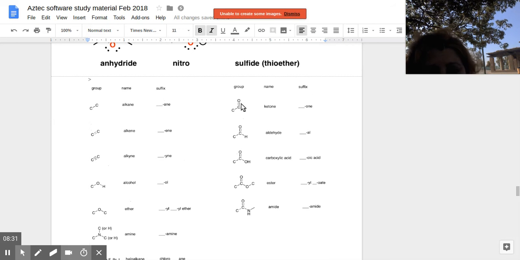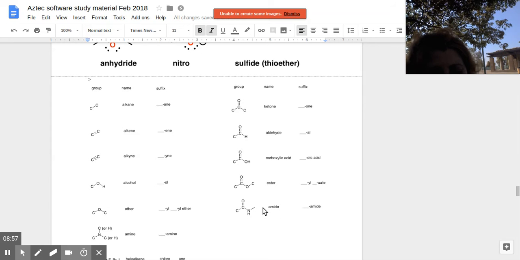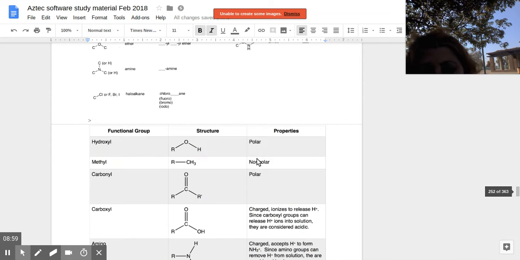Ketone, C double bound O, and then 2 extra C's. C double bound O, carbon, hydrogen, aldehyde, carboxylic acid, COOH to the carbon, ester, carbon, 2 oxygens, more carbons, 2 more carbons. Amide, carbon, double bound oxygen, nitrogen, hydrogen, carbon.